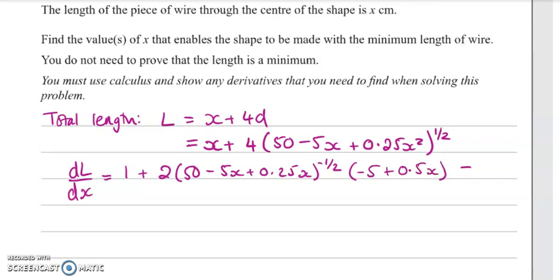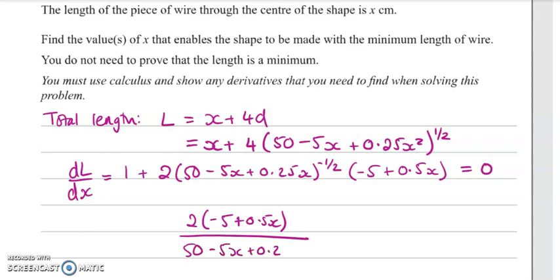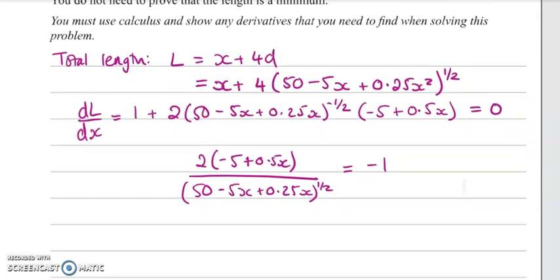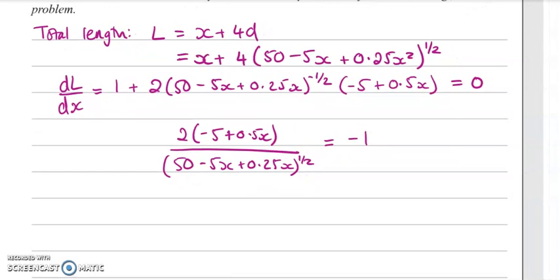Now to find a minimum, we set that equal to 0. So what we'll have here now is 2 times minus 5 plus 0.5x stays on the top. This was to the power of minus a half, this other bit, so that can go on the bottom. So 0.25x squared to the half, and move the 1 over to the other side. So we get it is equal to minus 1. And continue to solve that through.